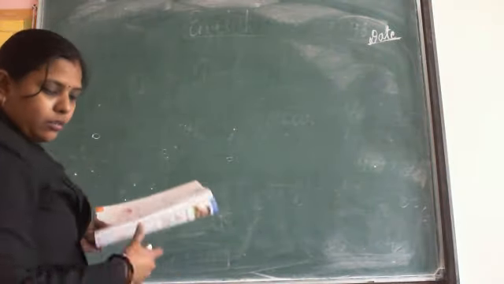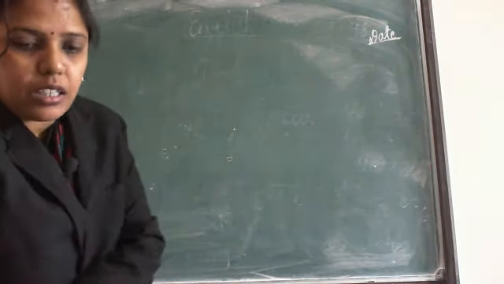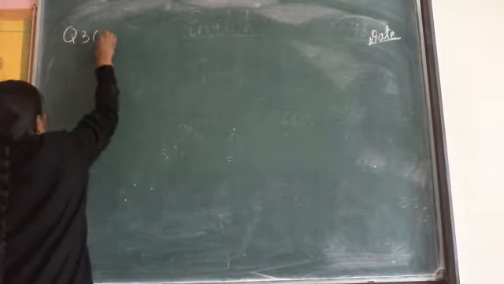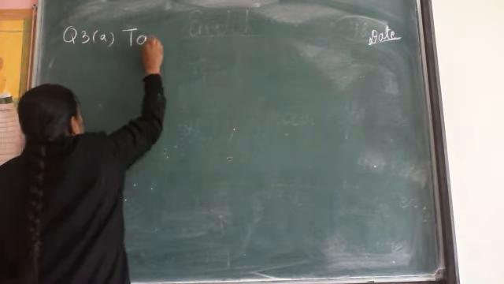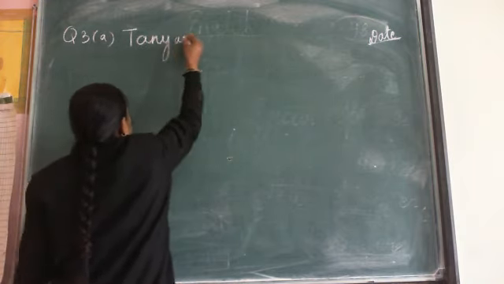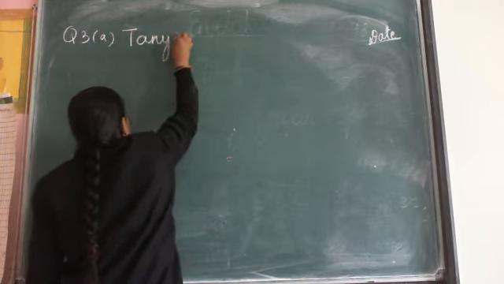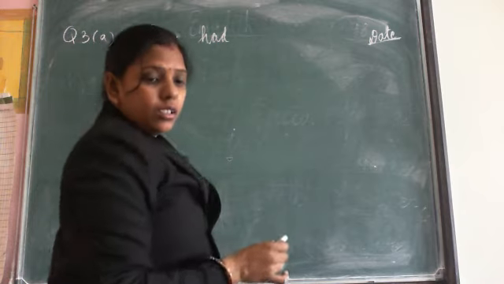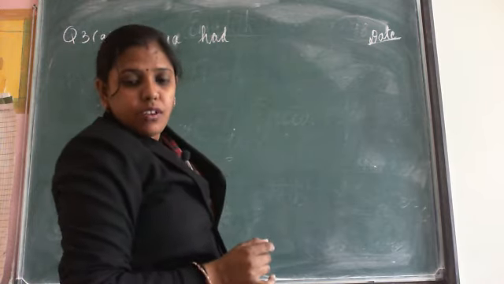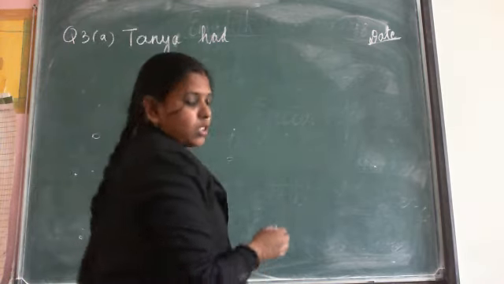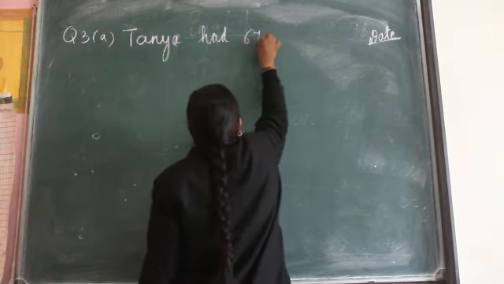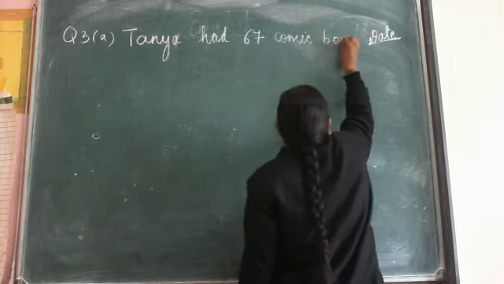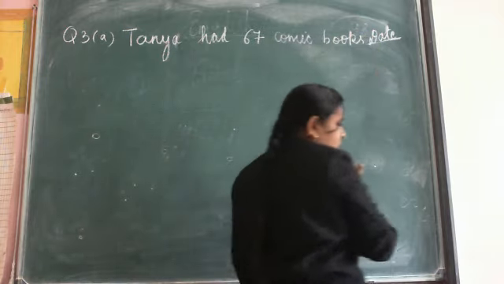Start writing with me. Question number 3A. Tanya had 67 comic books.